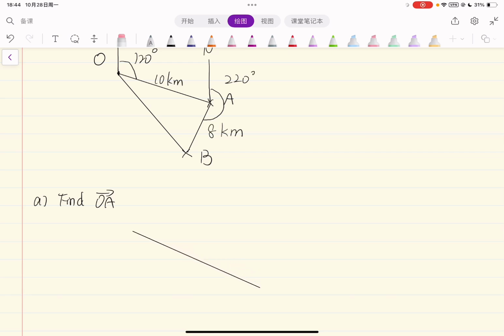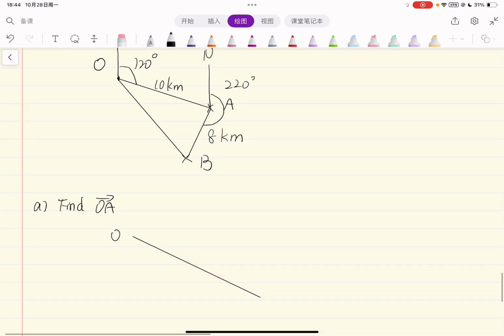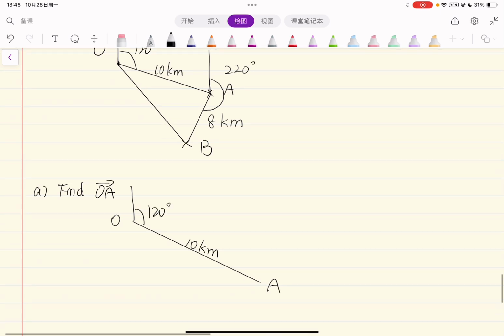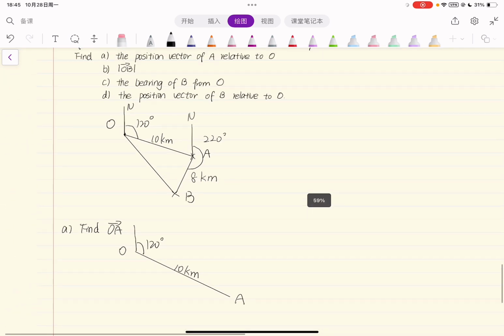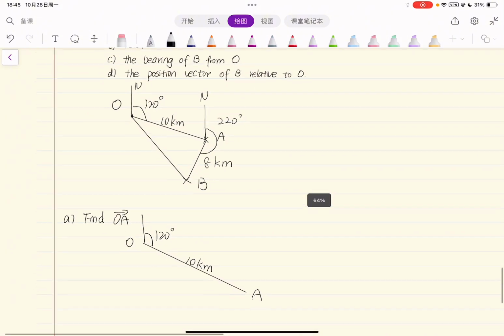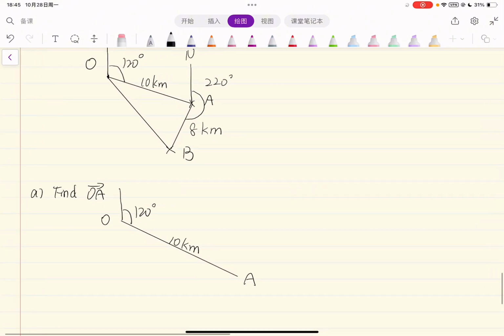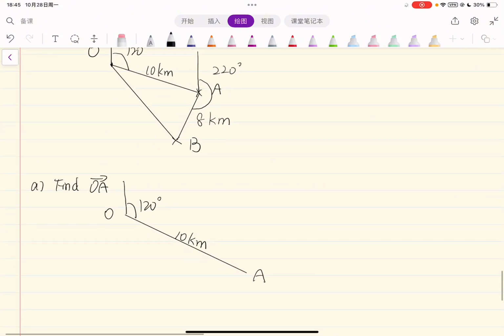So we have the OA. And here is 10 kilometers. And here is 120 degrees. So to find the position vector of A relative to O, we can work out the i and j components for the vector OA.